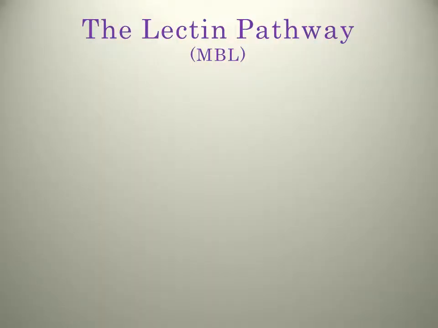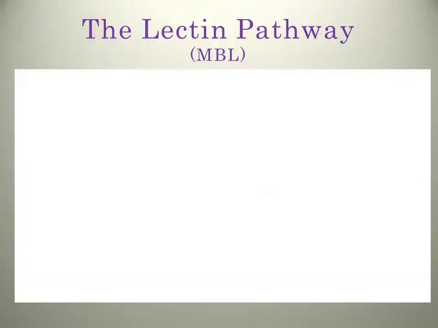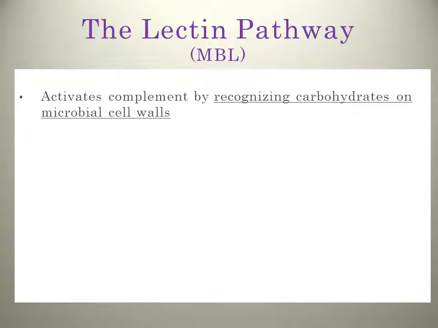Now we'll look at the lectin pathway, also known as the mannose binding lectin pathway, or MBL. The lectin pathway does not require antibodies. Rather, this pathway is activated by recognizing carbohydrates on certain microbial cell walls.